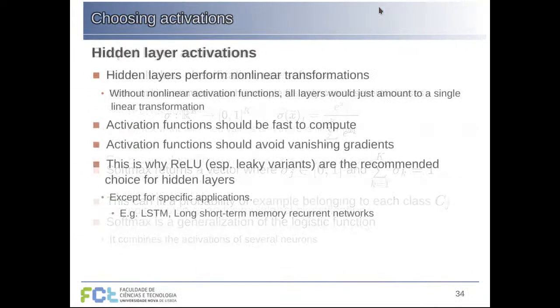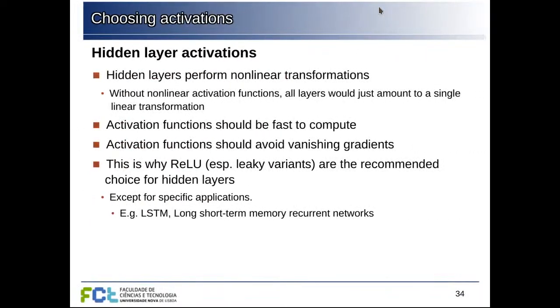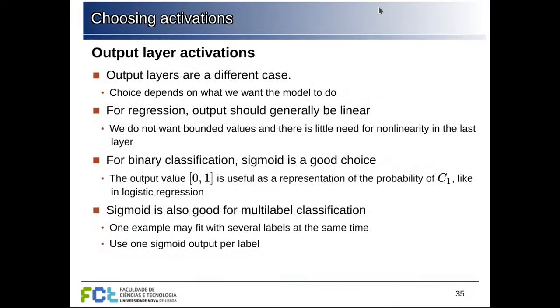The activation of the hidden layer neurons should be chosen having in mind the ability of the network to learn. So we use rectified linear units to avoid losing the gradient information and being able to train the network. But the output layer activations are dependent on the problem we're trying to solve. So basically, for these three types of problem, for regression, we do not have an activation function. We keep the neuron free.